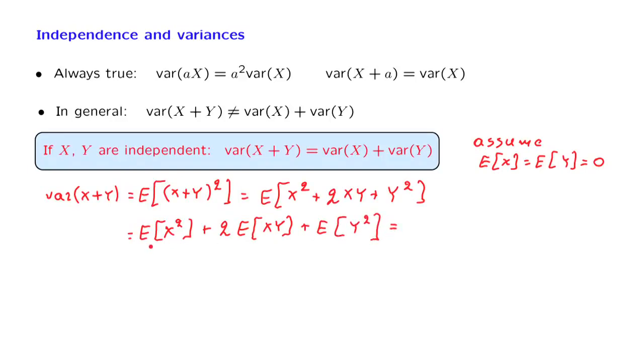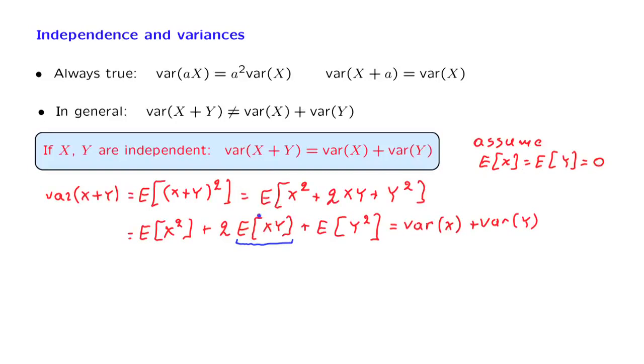Now, the first term is just the variance of x, because we have assumed that we have zero mean. The last term is similarly the variance of y. How about the middle term? Because of independence, the expected value of the product is the same as the product of the expected values, and the expected values are zero in our case.